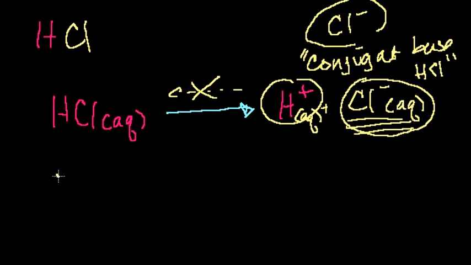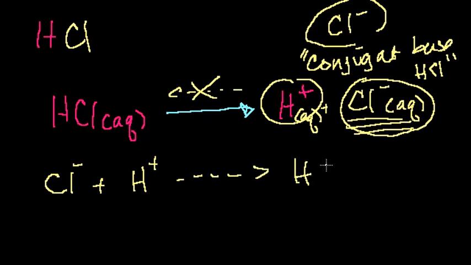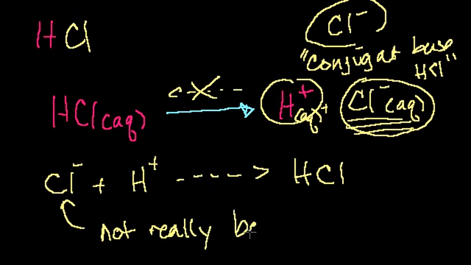So if you put some chlorine plus some hydronium, or let's say just some H+, you're not going to reform hydrochloric acid. So this is not really basic, even though it's considered a conjugate base. And that's generally the case whenever you're dealing with strong acids.